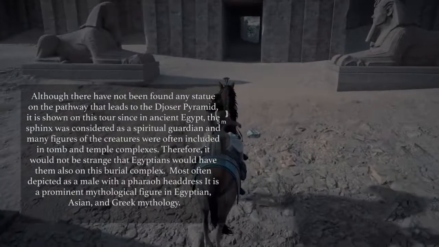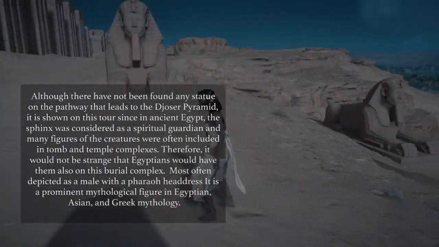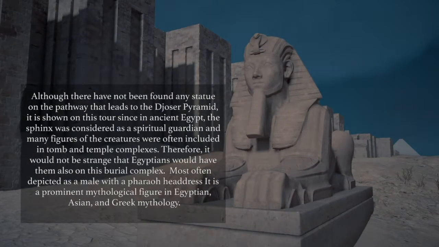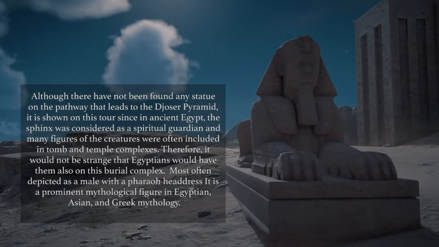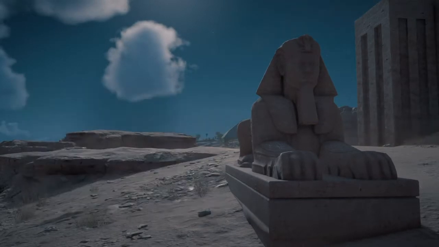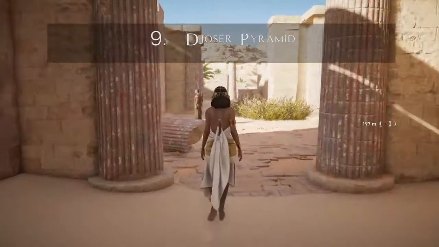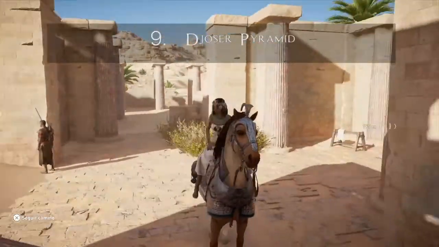These creatures were considered spiritual guardians, and many figures of them were often included in tombs and temple complexes. Therefore, it would not be strange that the Egyptians would have them also in these burial complexes.